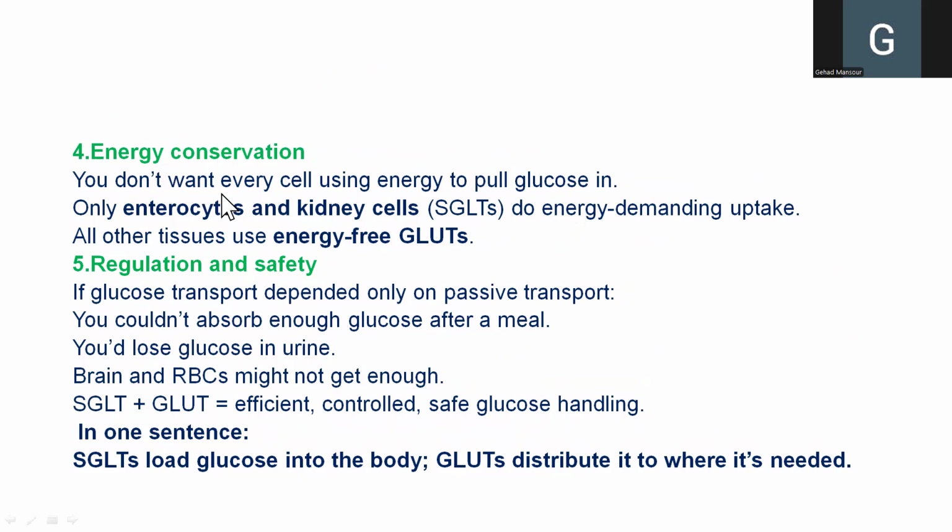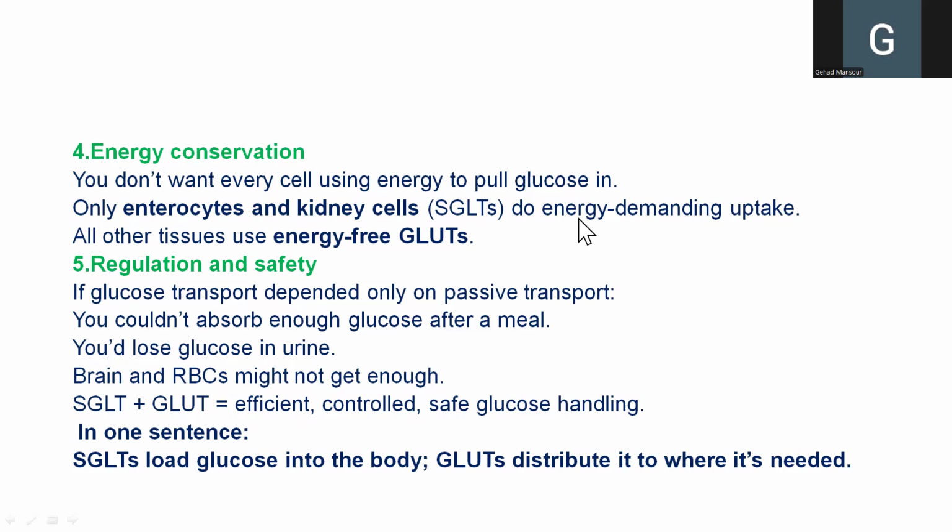We mean that, for example, the enterocytes, which are the cells of the small intestine, and the kidney cells have those secondary active transporters because, as we said, they need to reabsorb glucose from the lumen and return it to the blood, even if there are very small amounts of glucose in the lumen of the gut or in the lumen of the renal tubules.